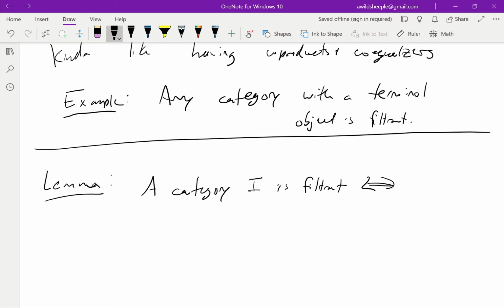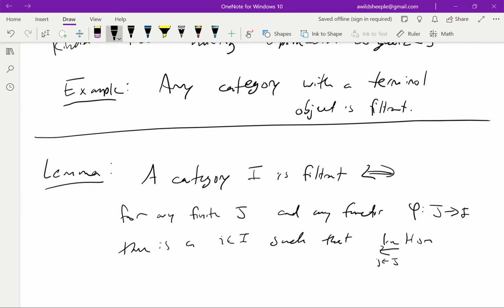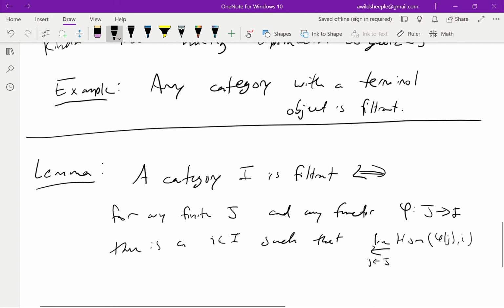If and only if, for any finite J and any functor phi from J to I, there is an I such that the limit over all of the j's of hom(phi j, I) is not empty.